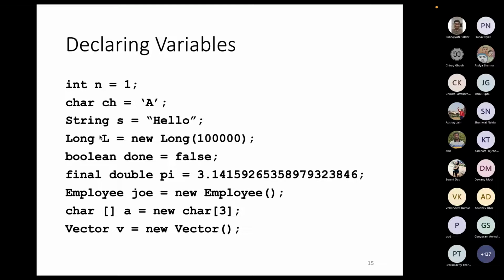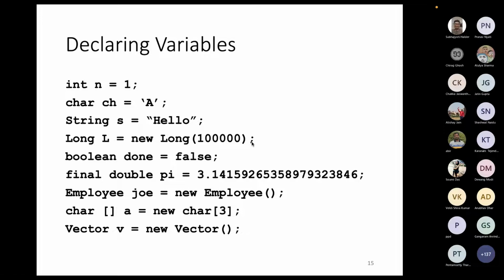Now the right hand side, new long 1 lakh, is defining an object of type long.